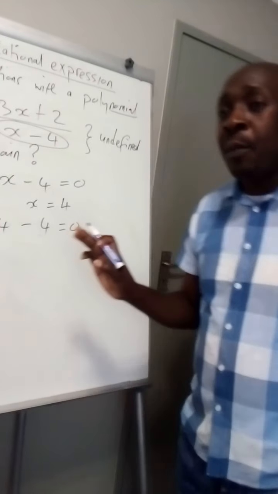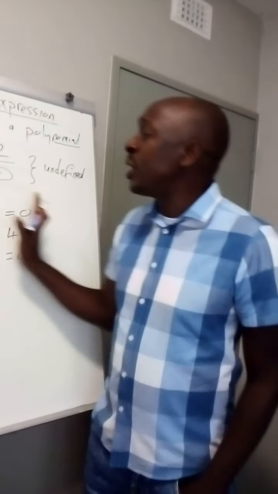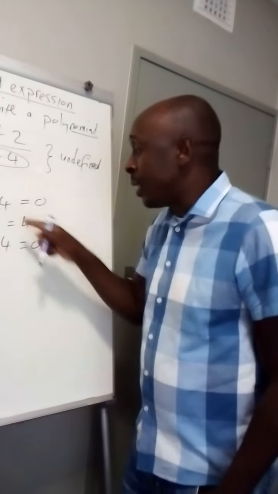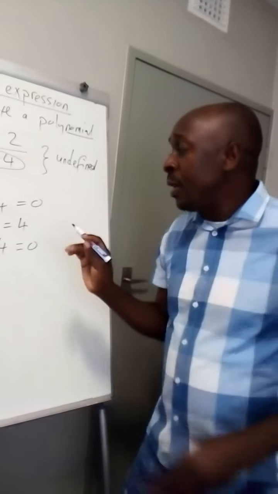So what are we saying now? We want to find all possible values which will result in this denominator equal to 0, and we avoid those values at all costs. So what is the domain of this expression?